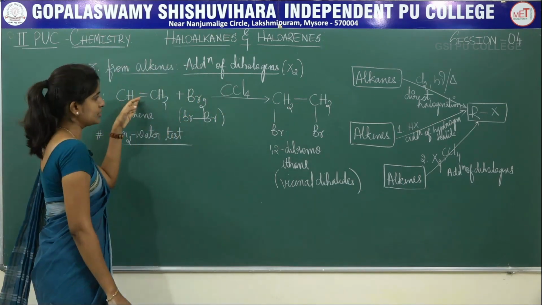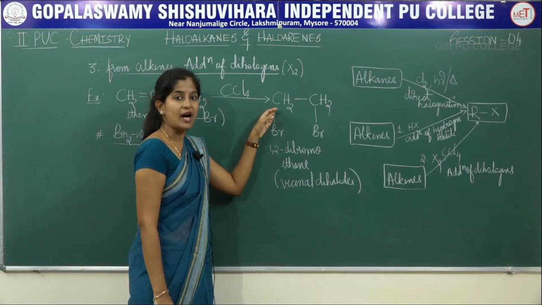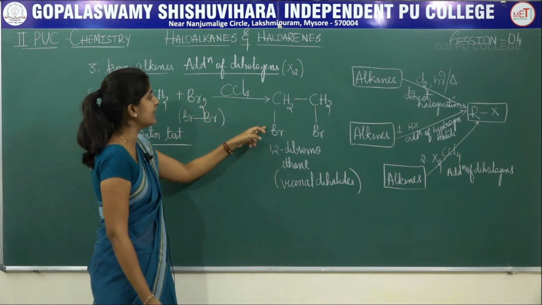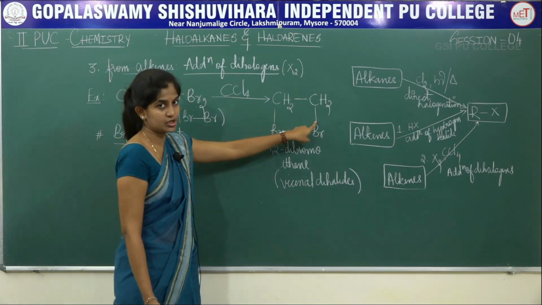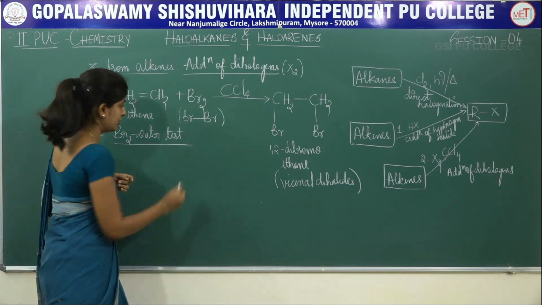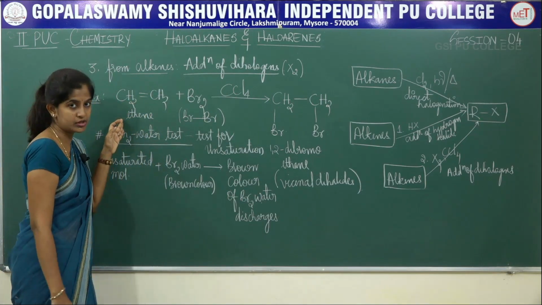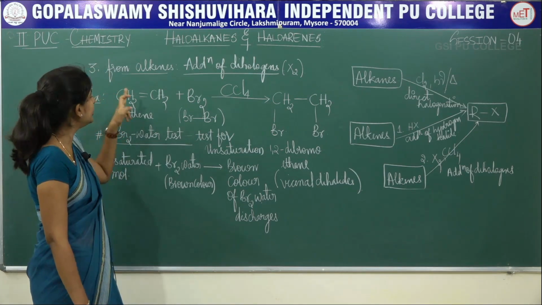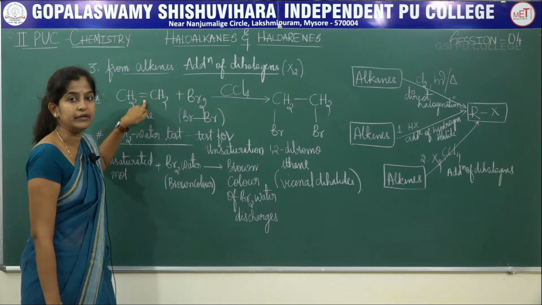Upon addition to an unsaturated molecule, it gives a white precipitate, that is, the bromine color has been discharged, which indicates that the molecule has unsaturation. So this reaction which we have studied is a test for unsaturation. Even this is studied in your practical also. It is one of the important tests to detect unsaturation in a given molecule.